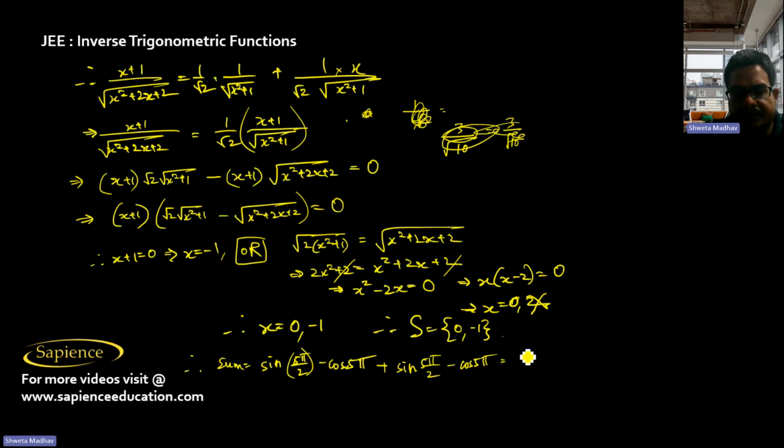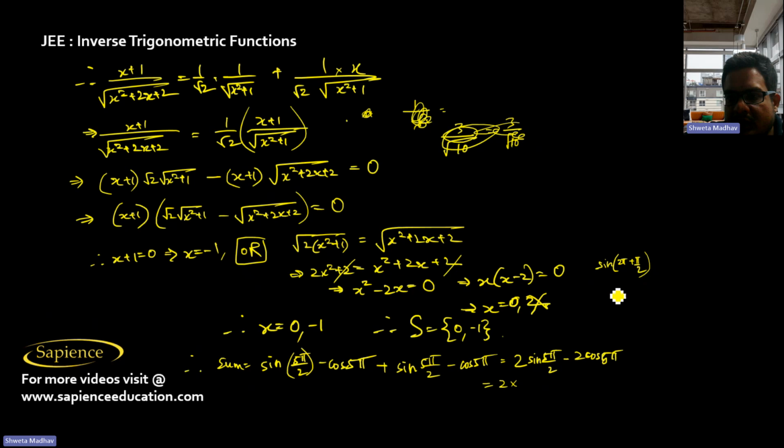So this will be 2 sine 5 pi by 2 minus 2 cos 5 pi. Now 2 sine 5 pi by 2, which is nothing but 5 by 2 is 2 plus 1 by 2, so 2 pi plus pi by 2, I can say.